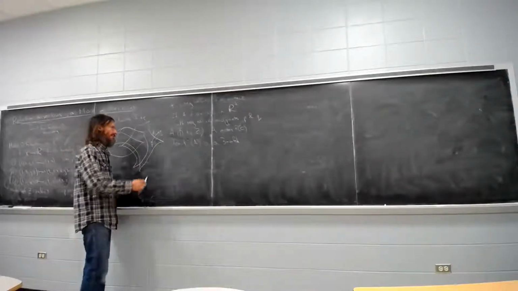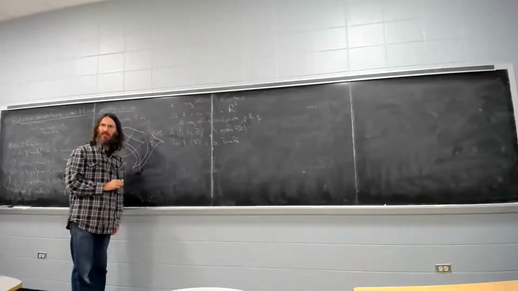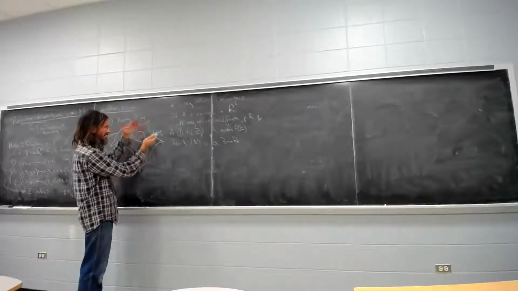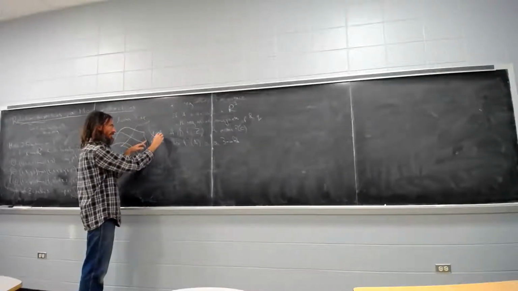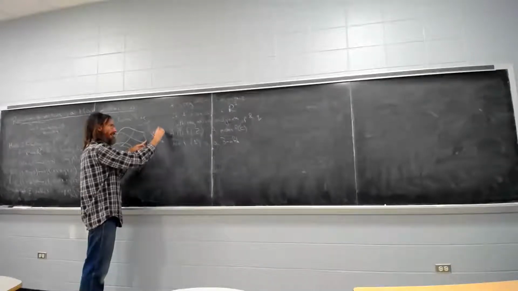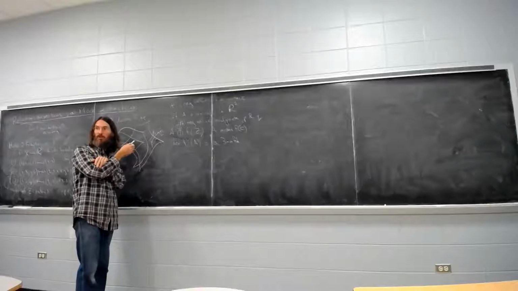If you put little coordinates around it, I can call it a neighborhood, then I can think about this four-dimensional piece that sits over there, and think about projection onto the I factor, and I can show that will have no critical points.